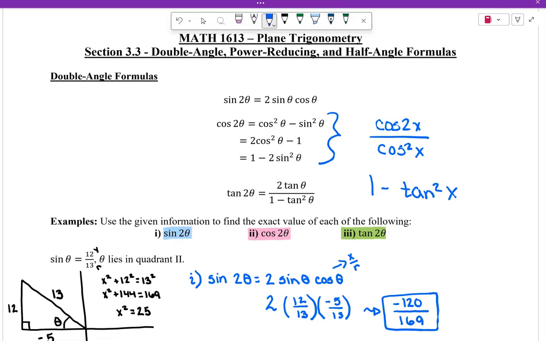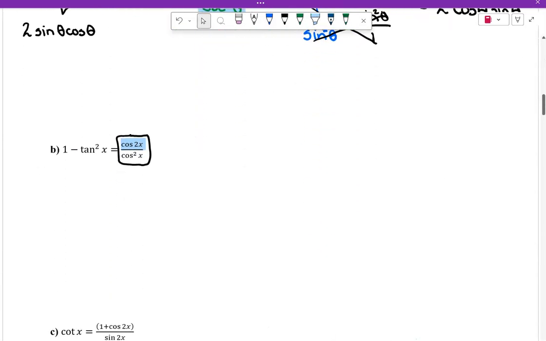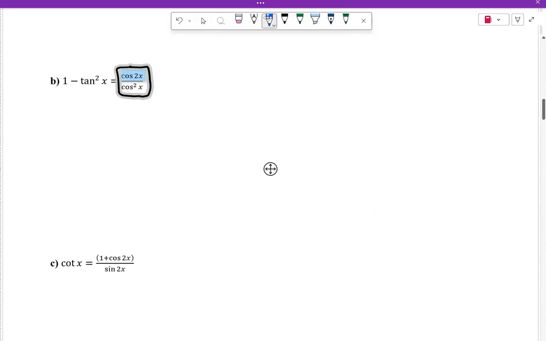So which one should we try to use? Hopefully you guessed it. The easiest one that I can see is this first one. So we're going to get cosine squared x minus sine squared x, and then we're going to leave this.